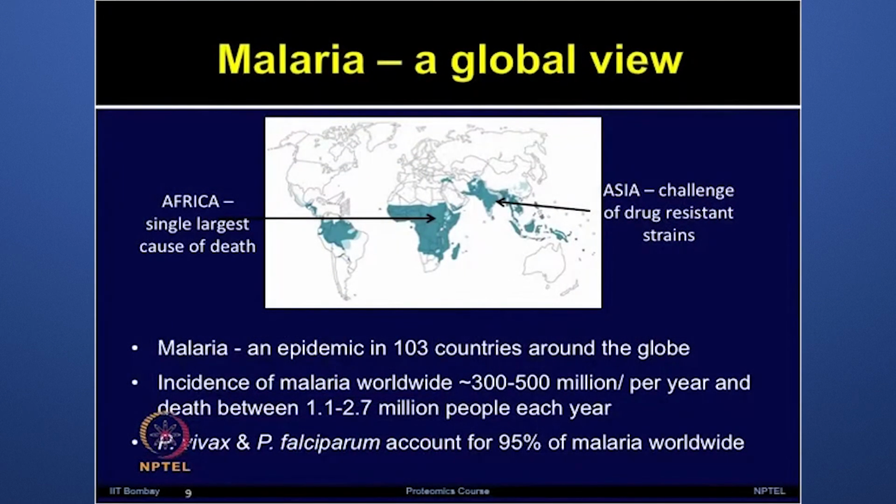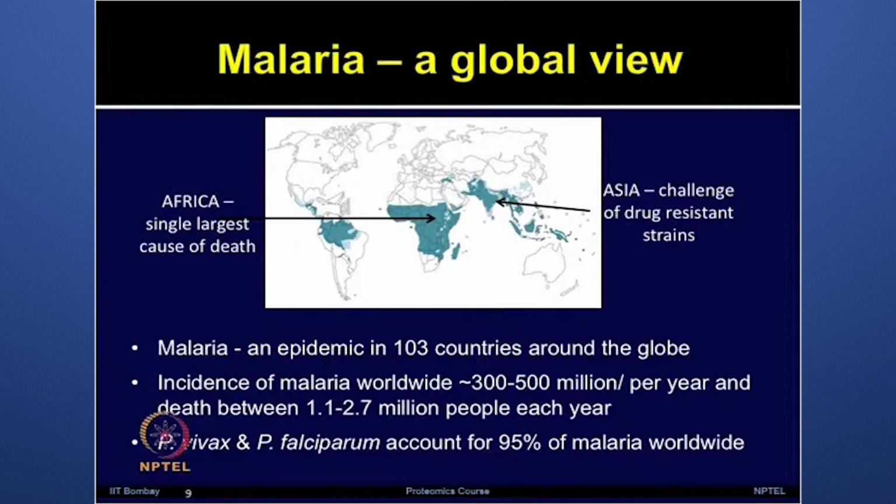If you look at this map of world population, overall Asia and Africa are mostly affected by malaria. Asia is suffering from the challenge of drug resistant strains of malaria, and Africa is still the single largest cause of death due to malaria.